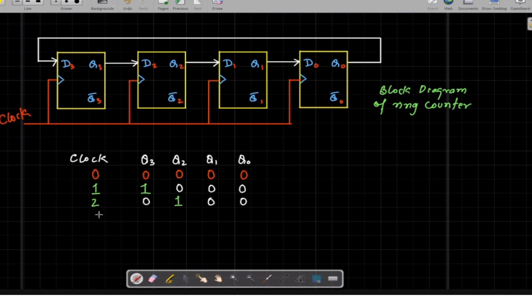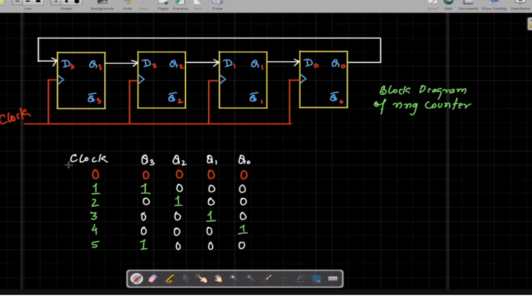Similarly, when the third clock pulse comes into the picture, your Q1 output is 1 and all other outputs become 0, 0, 0, like this. And then the fourth clock, then this is 1 and all others are 0, 0, 0. Similarly, if the fifth clock comes into the picture, then it will again start with 1 like this, and the remaining are 0, 0, 0.